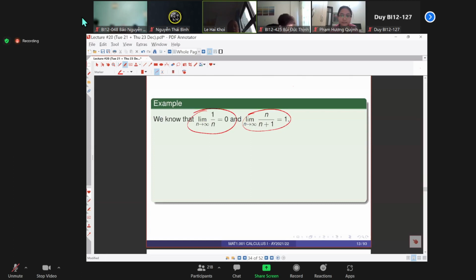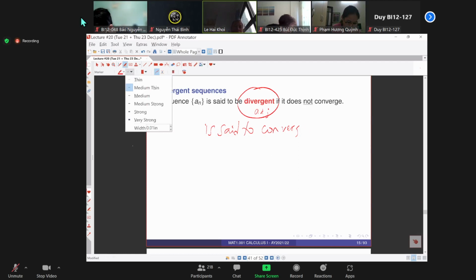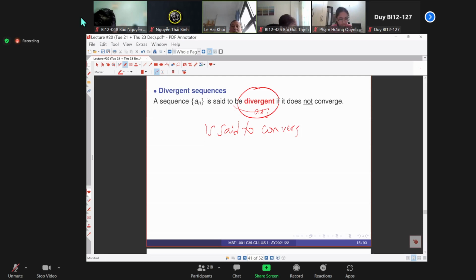So what we want to talk about is that the sequence is said to be divergent, this is an adjective, divergent, or is said to converge. Sorry, to converge. So after said to be comes divergent. This is the base form of the verb, and converge is also the base form of the verb.